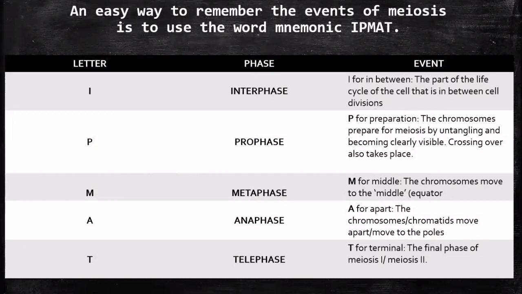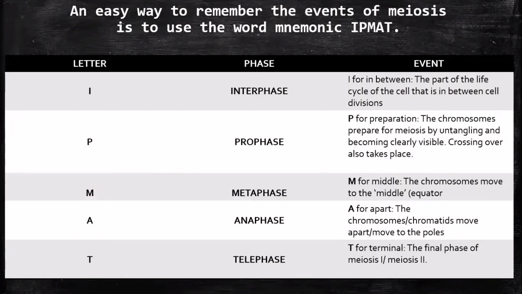And then the easiest way to know what happens during prophase, P stands for preparation. You are preparing. The chromosomes now start to prepare for meiosis. They become shorter, they become visible, and then crossing over also takes place, meaning they exchange genetic material. And then that's it for prophase.